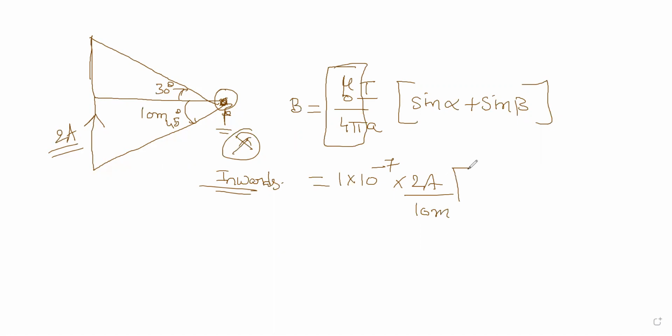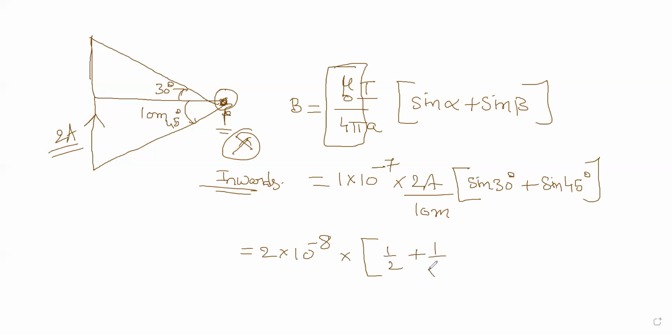Alpha is 30, so sine 30 plus sine 45, beta being 45. So we have plugged in. It simplifies to 2 into 10 to the power of minus 8, into sine 30, which is half, plus sine 45, which is 1 by root 2.